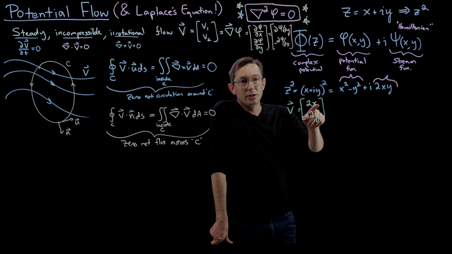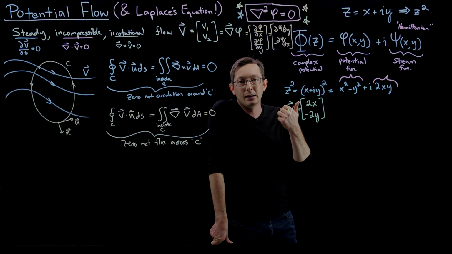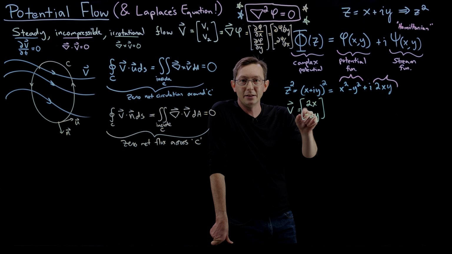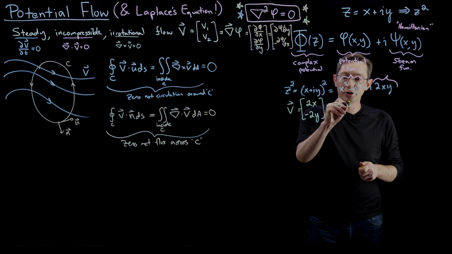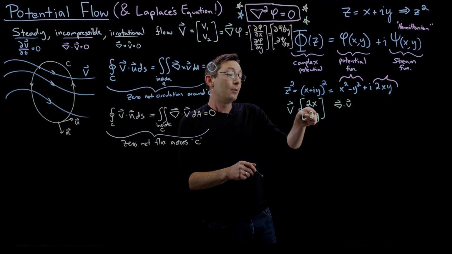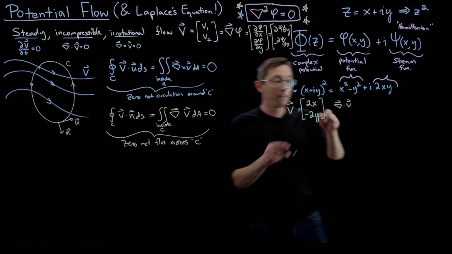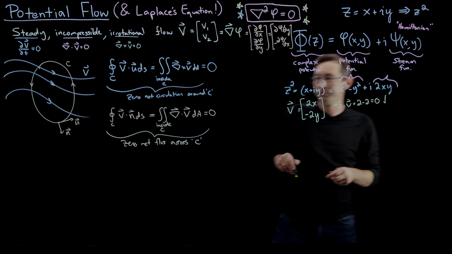So the first thing we can do is verify that it's incompressible and irrotational. That's pretty easy to do. If I look at the divergence of v, it'll be partial of the first term with respect to x plus partial of the second term with respect to y, which is 2 minus 2 equals 0, check.